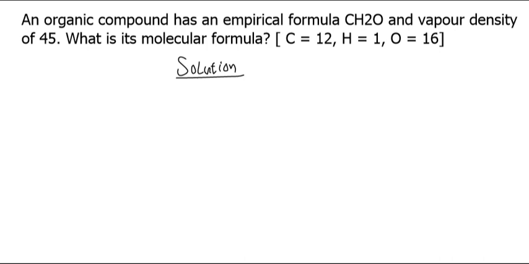What we just need to do is to use the relationship saying molecular formula equals empirical formula times n, where n is a whole number multiple. But before that, we need to determine n. And how do we get n? Knowing that molecular formula is a multiple of empirical formula, that is, the empirical formula makes up the molecular formula. It could be one of it, it could be twice, it could be thrice, and so on.